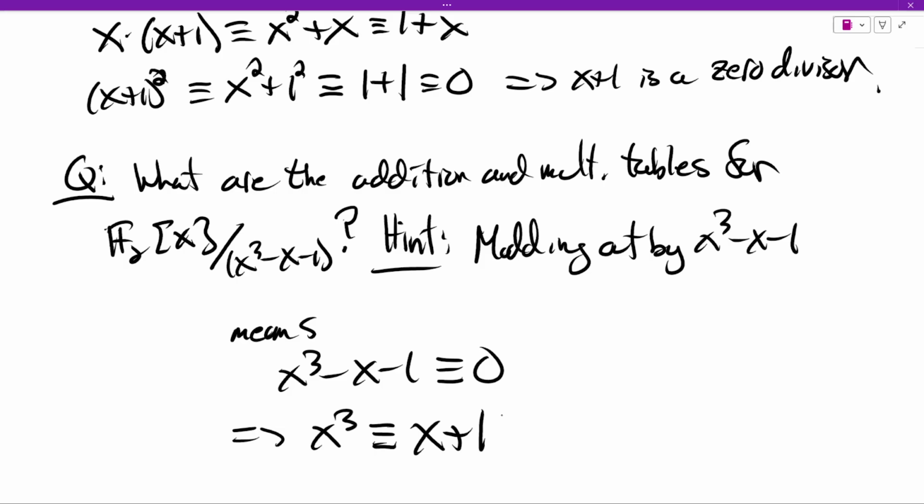So what that is saying is, whenever you have something of degree 3 or higher, you can replace it with an x plus 1. Okay? So that's how you manipulate elements in this quotient ring, at least in polynomial rings. You use the principal generator to tell you how to replace powers. So you can try out this question, and it's something we'll probably visit in class.